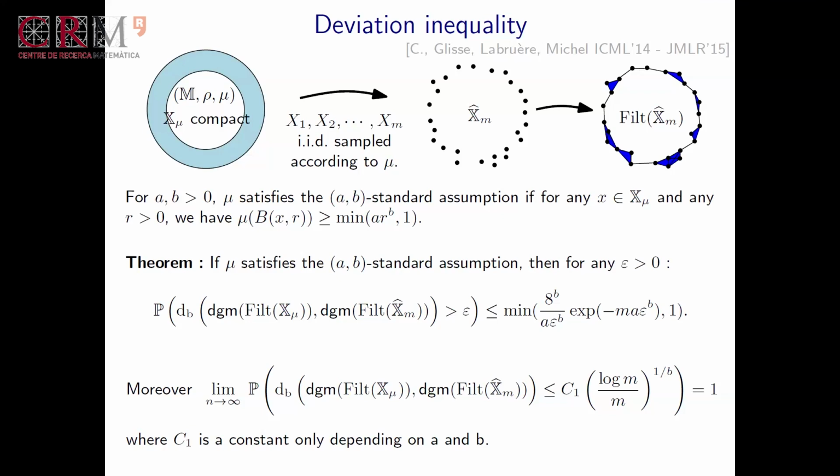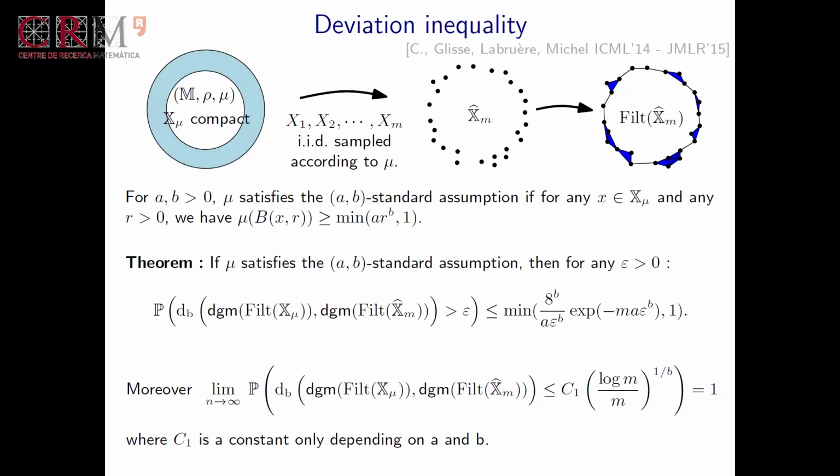So if epsilon is fixed, you have an exponential rate of convergence. This is a standard deviation inequality.